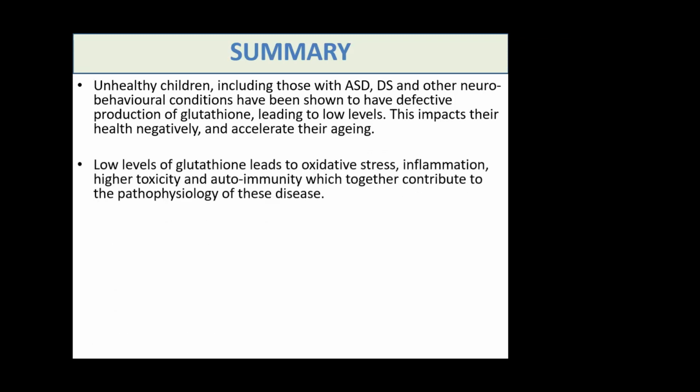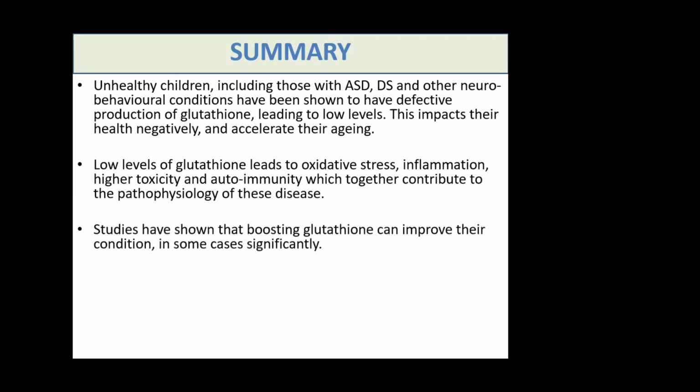Low levels of glutathione lead to oxidative stress, inflammation, higher toxicity, and autoimmunity, which together contribute to the pathophysiology of these diseases. The studies have shown that boosting glutathione can improve their condition, in some cases significantly.